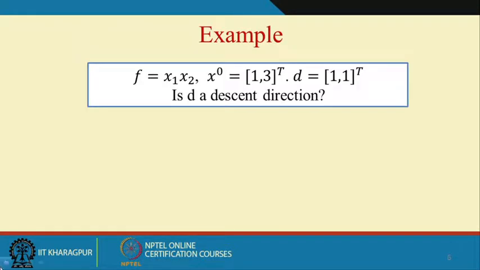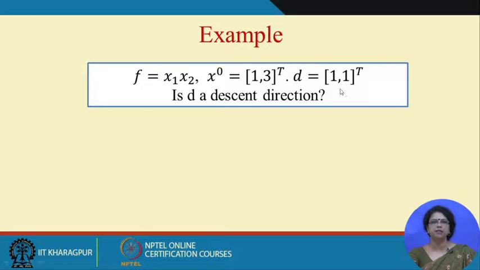Now, I can show you one example. Say the function given to us is x1 x2. There is a point (1, 3) within the space, and the direction is given as (1, 1).